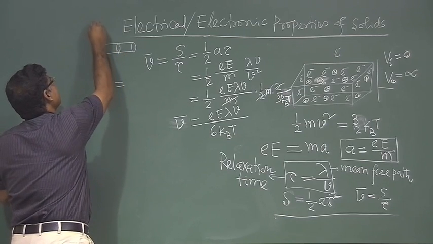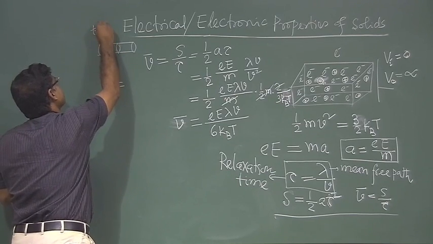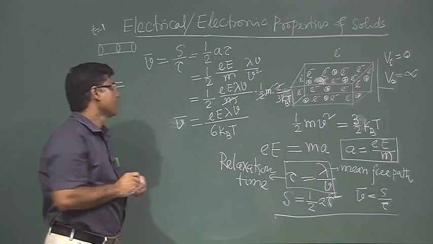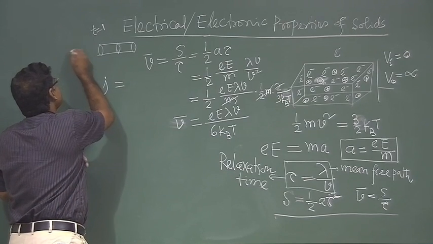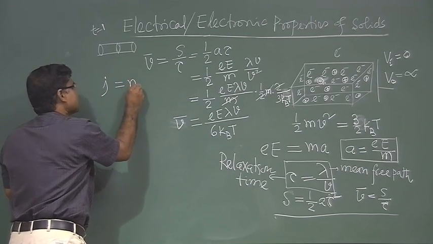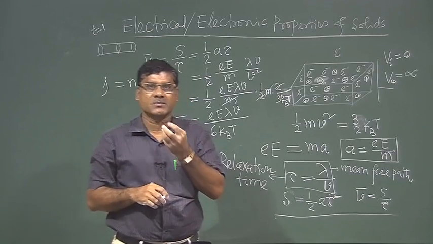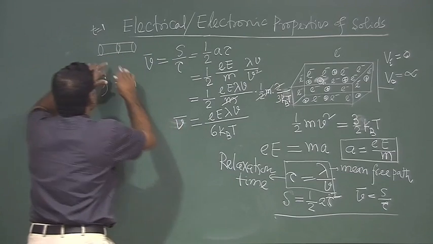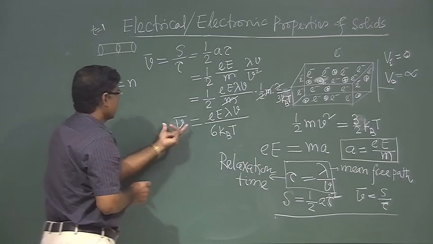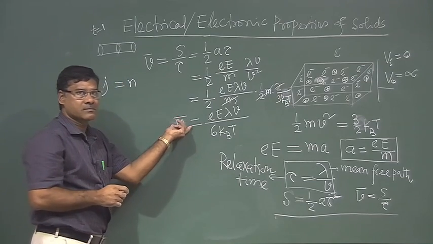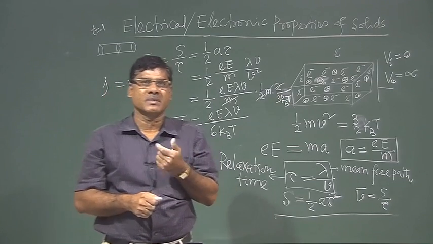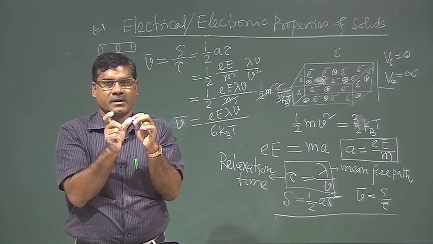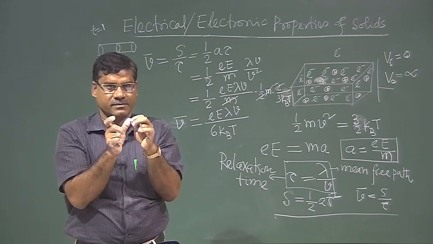Now, per unit time, t equal to 1, how many charges will move? Velocity is v bar, so velocity is nothing but the distance traversed per unit time, per second.